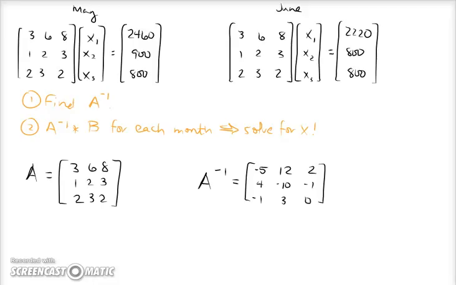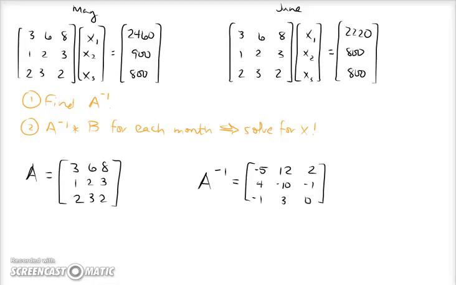All right, so now I've written up what the inverse matrix is. If you've done this correctly with your calculator, you should have -5, 12, 2, 4, -10, -1, and then -1, 3, 0.